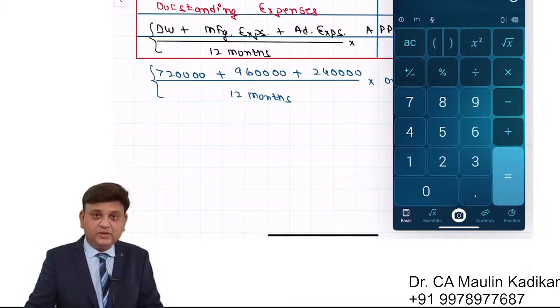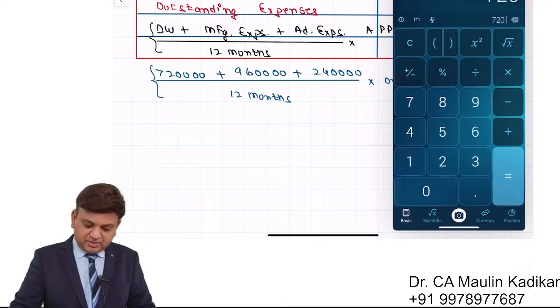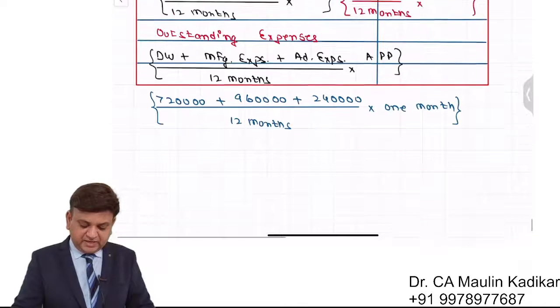This is the way we are required to compute the answer. 7,20,000 plus 9,60,000 plus 2,40,000, 19,20,000 divided by 12 into 1. 1,60,000.